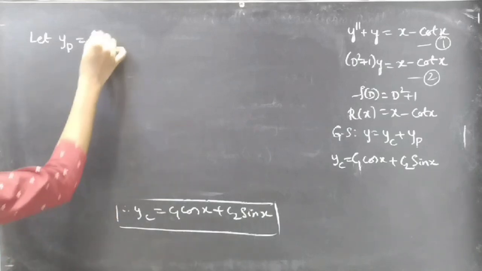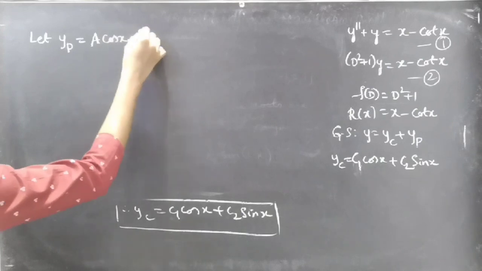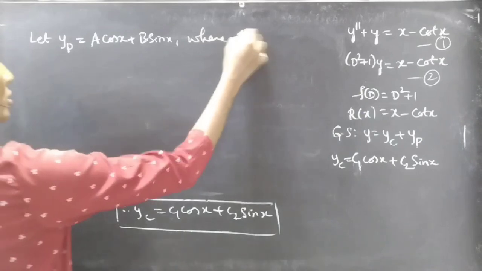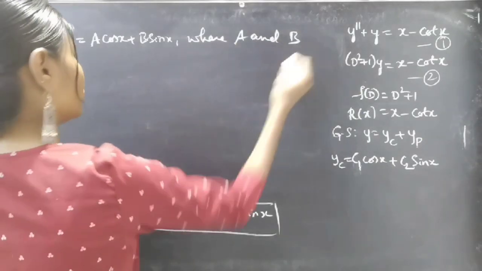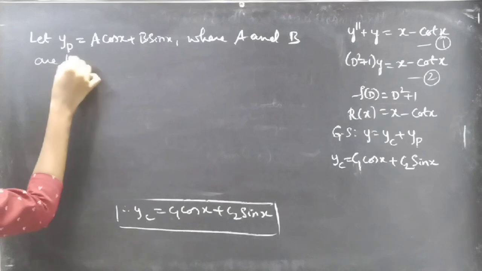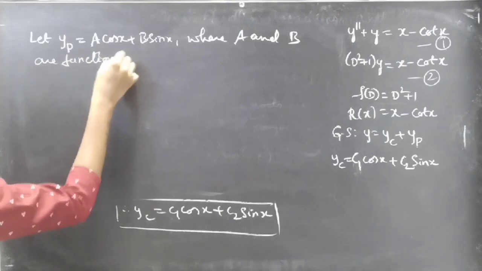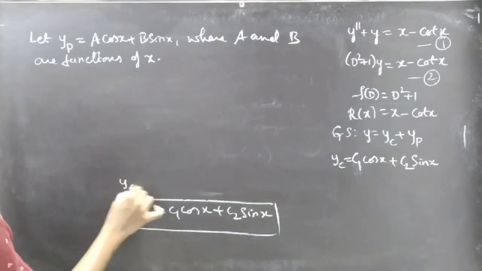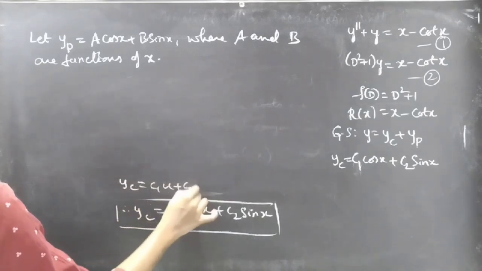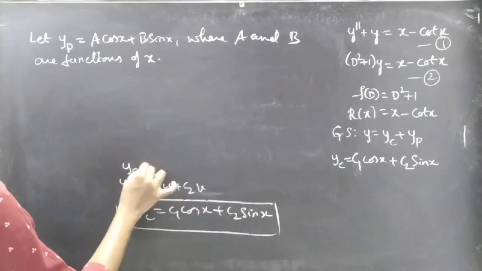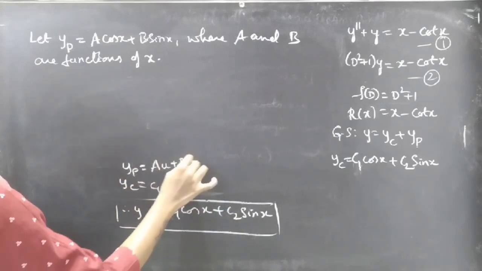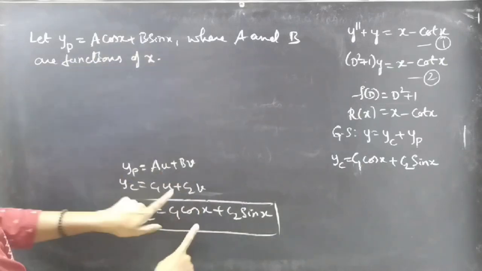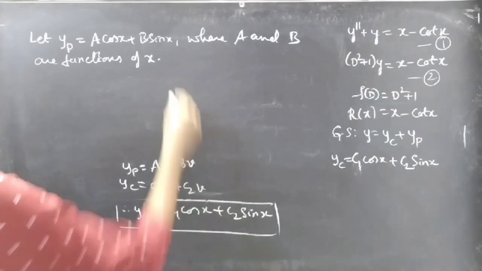We'll get yp equal to a cos x plus b sin x, where a and b are functions of x, and compare yc with c1u plus c2v, or yp with au plus bv, so that you'll get u and v, where u is cos x and v is sin x. See, u is cos x and v is sin x.